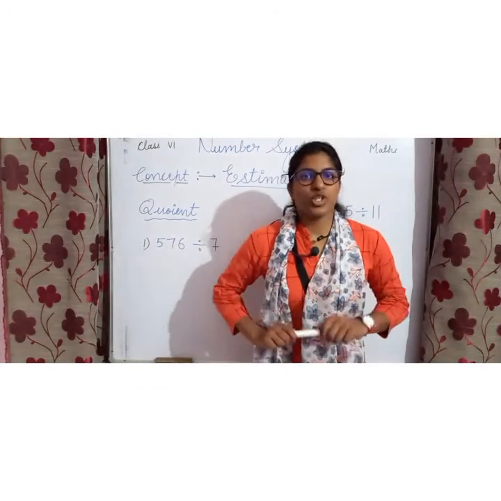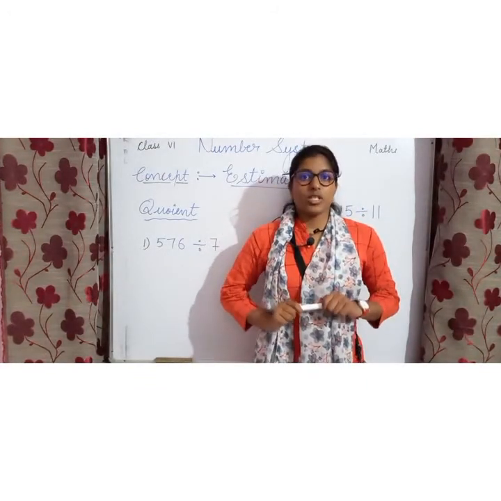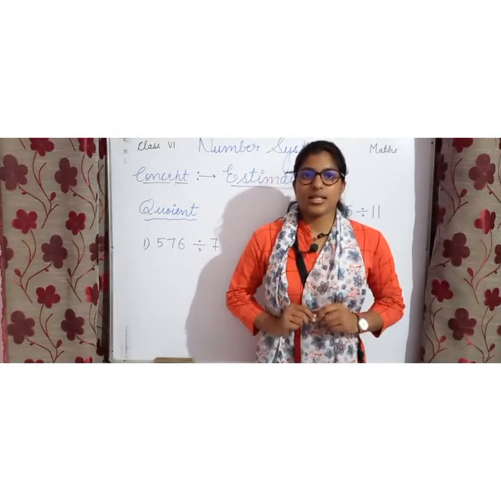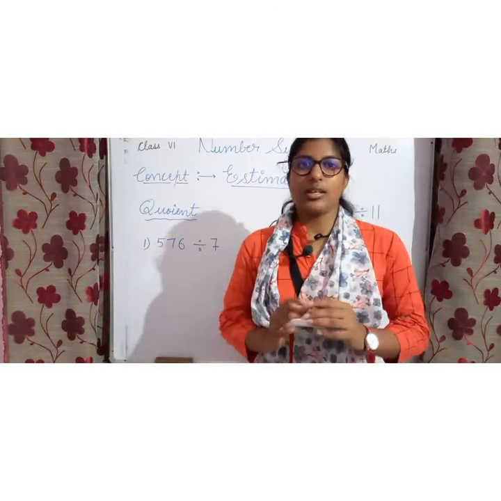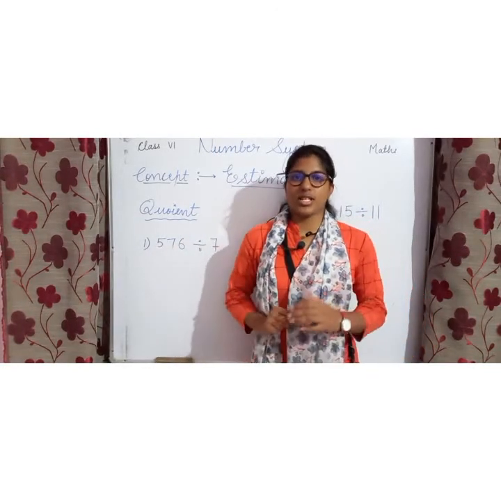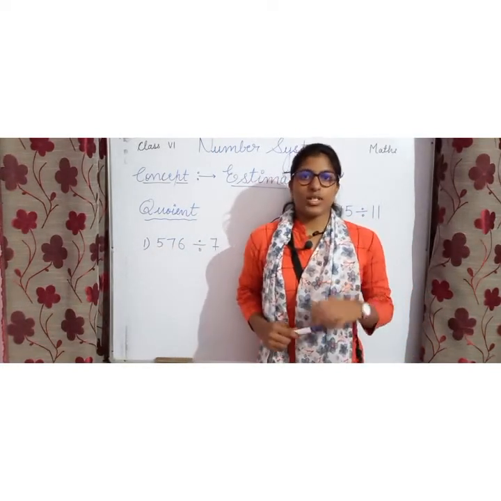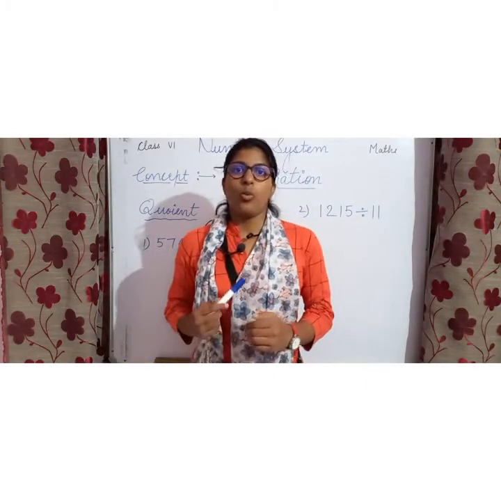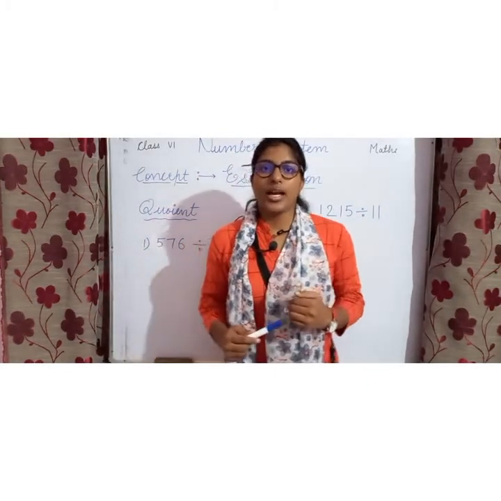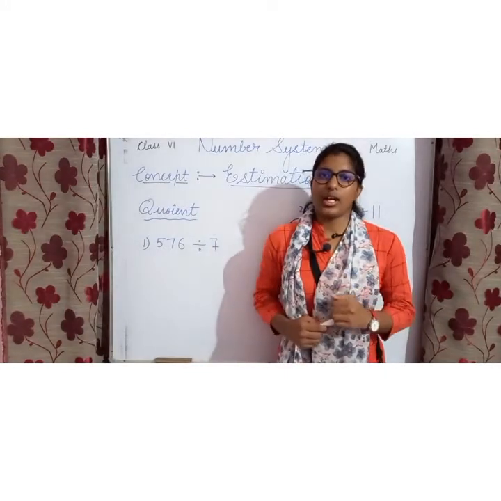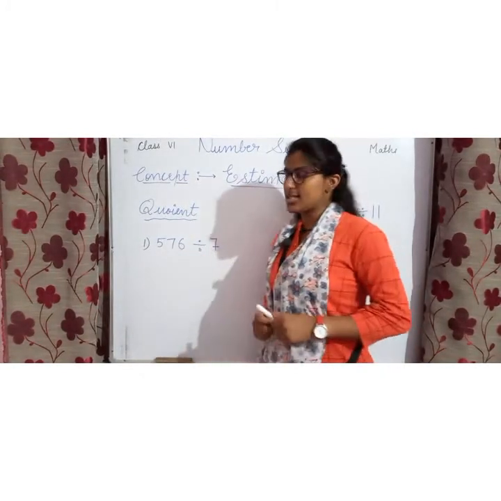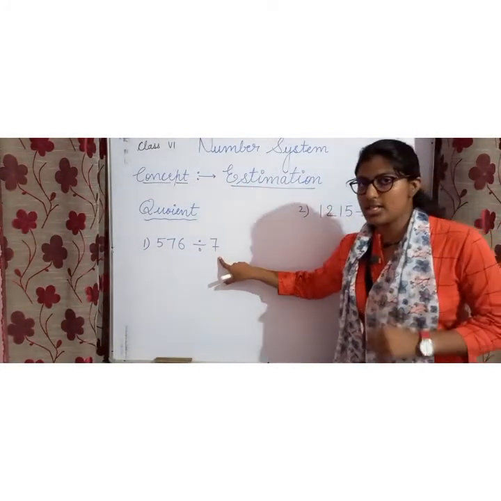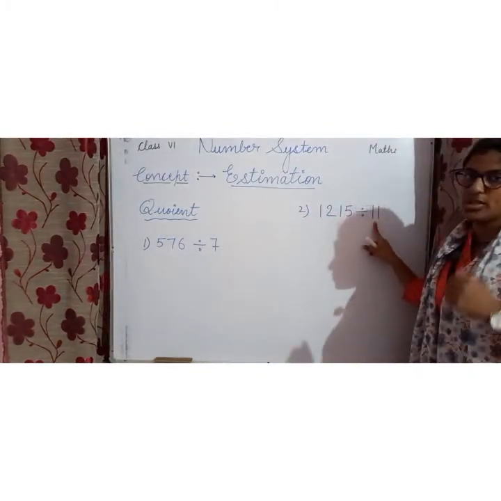Next is estimation of the quotient. At the time of estimating the quotient, it is necessary to follow some rules. These rules are totally different from the sum, difference and product. Now see, whenever we have a divisor of more than one digit, at that time we need to round off that divisor. Now you can see in this example, here you have a 1-digit divisor and here you have a 2-digit divisor.